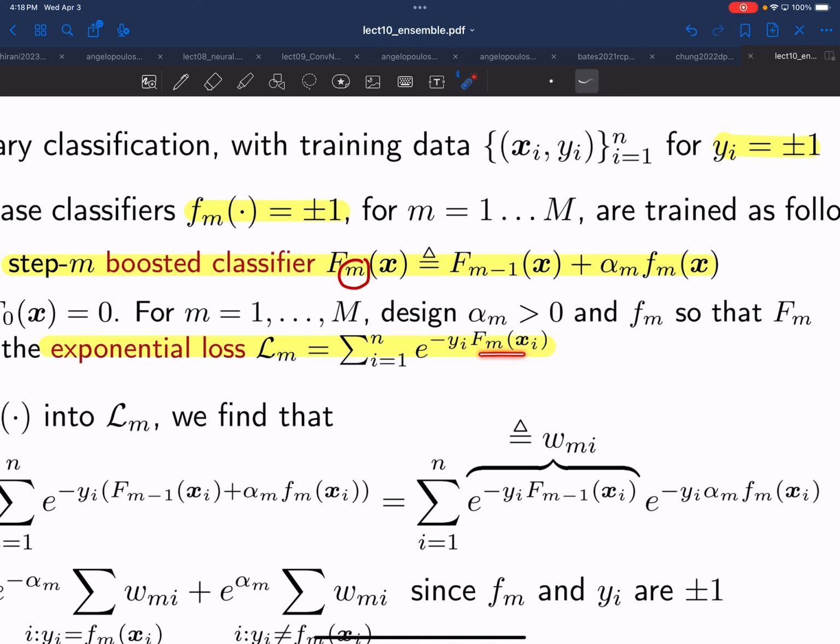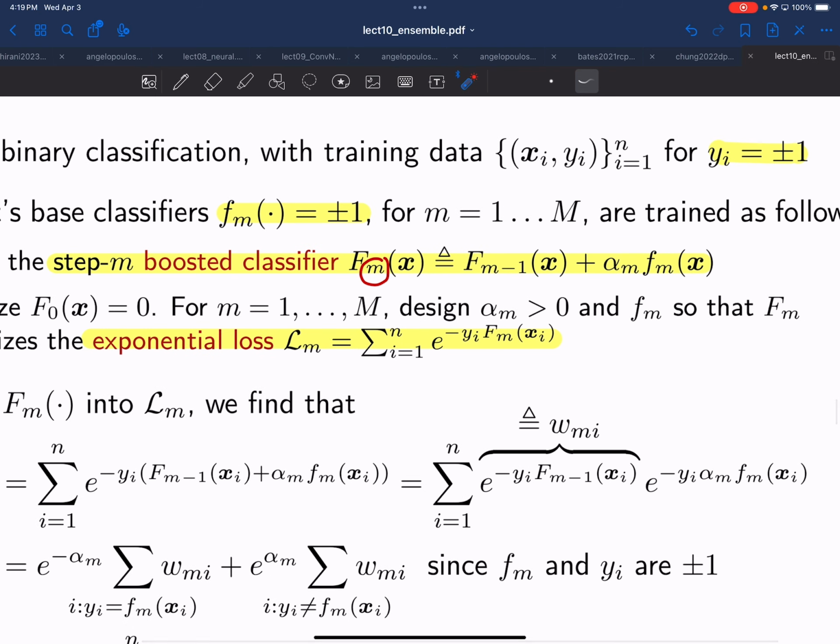So capital F will not necessarily be binary, because even though these guys are binary plus minus 1, they're multiplied by some real number and then added together. But you certainly want this to match in sign, because then you have e to a negative number. If they don't match in sign, you'll get e to a positive number, and that's going to be larger. So this loss is rewarding F matching yi in sign.